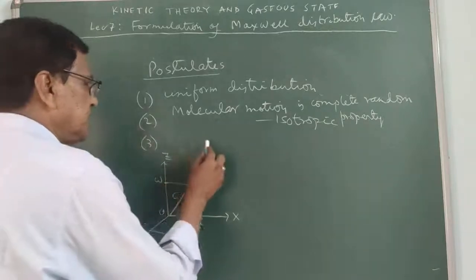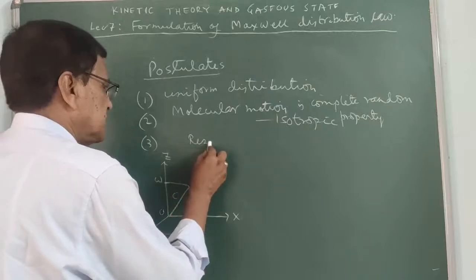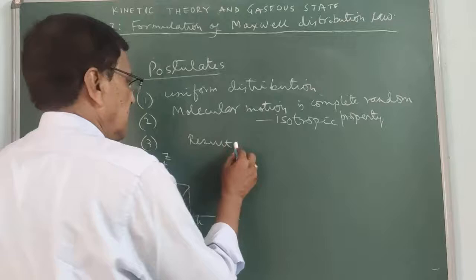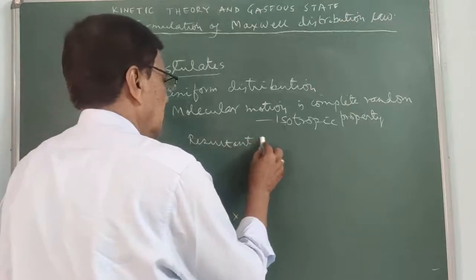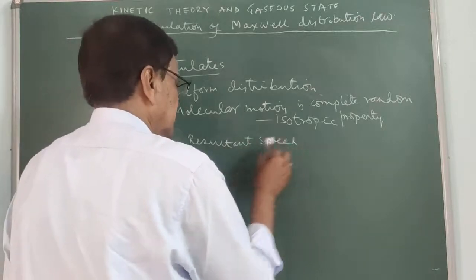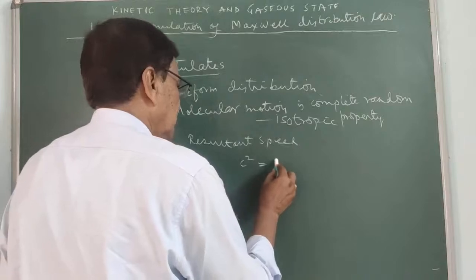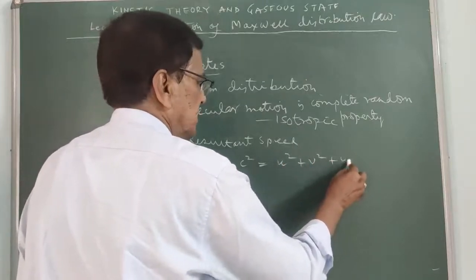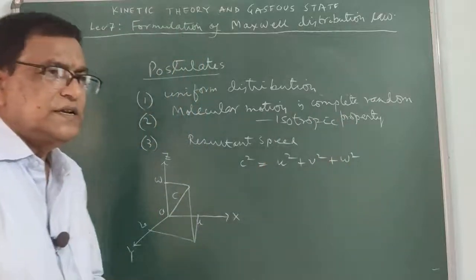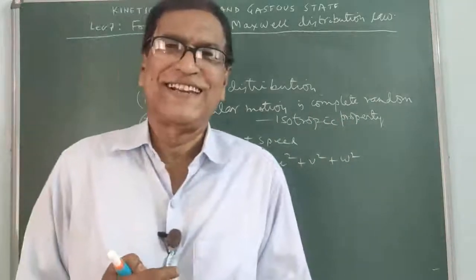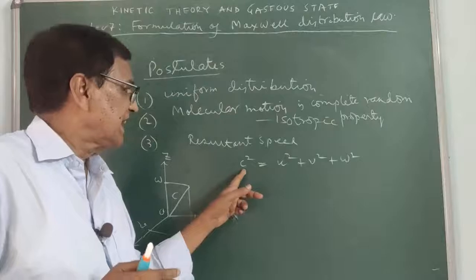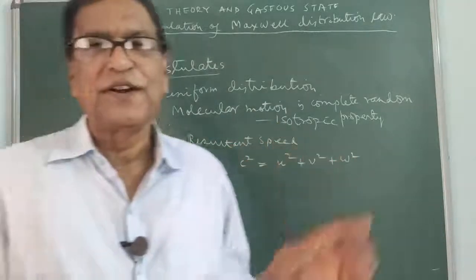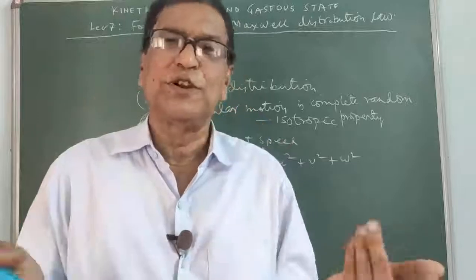And this resultant speed, c square equal to u square plus v square plus w square. It is to be reminded that the resultant speed is a scalar quantity. It has only the magnitude and no direction.